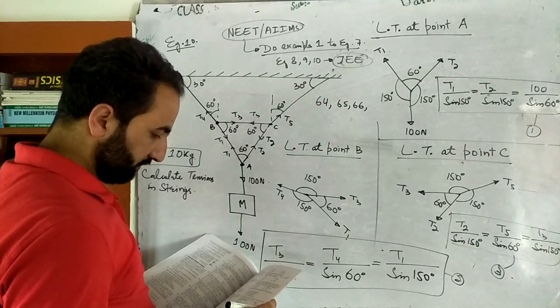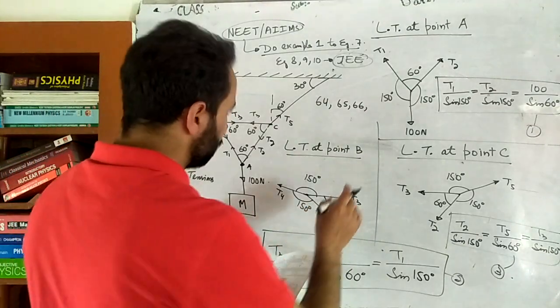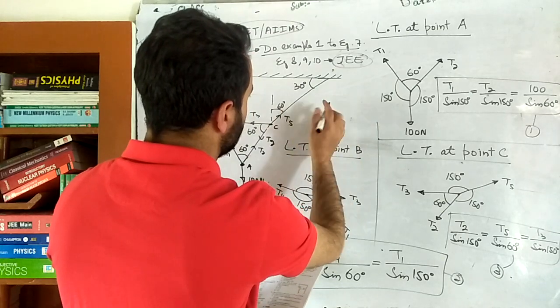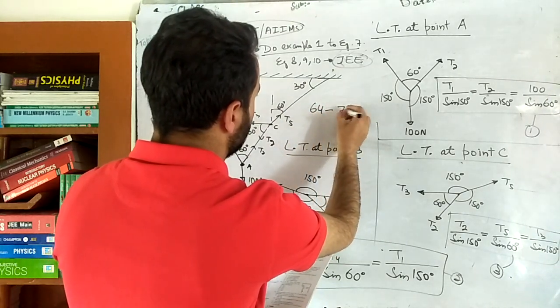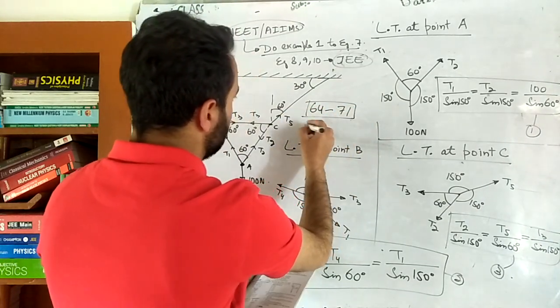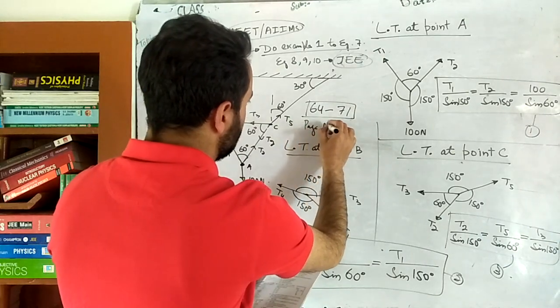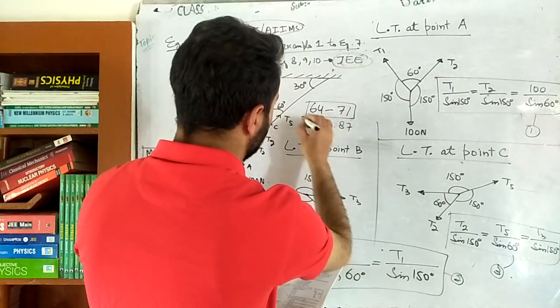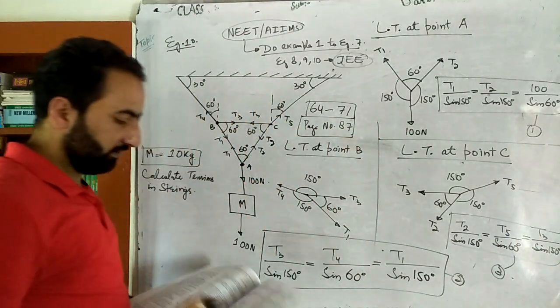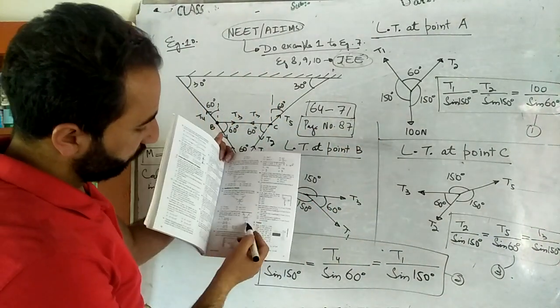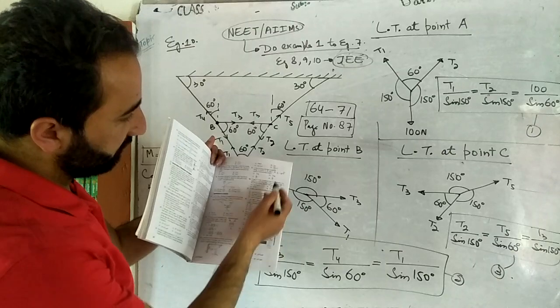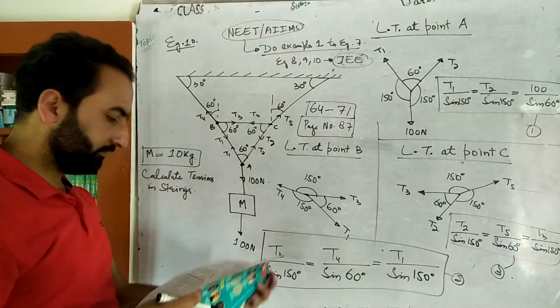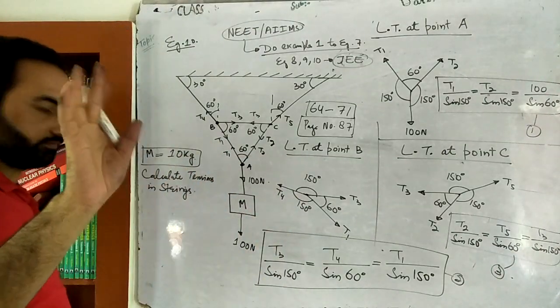Do all examples from 64 to 71, page number 87, very important. I have shown all those examples are like this one. Now we have done these types of examples, so try them. Okay, bye.